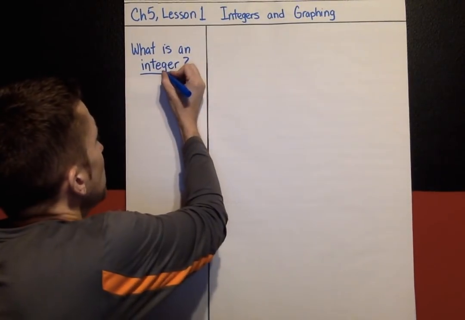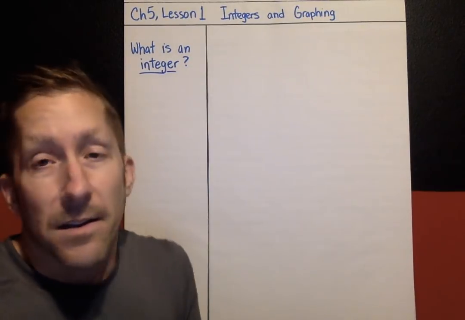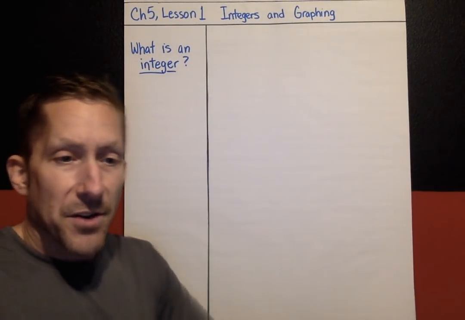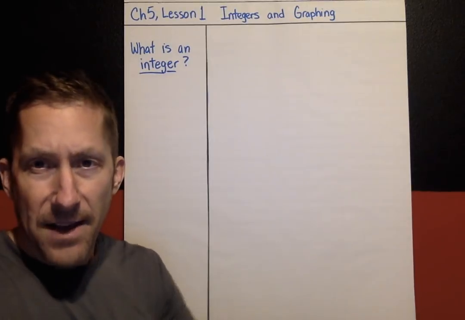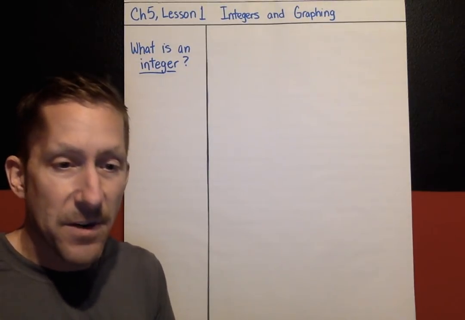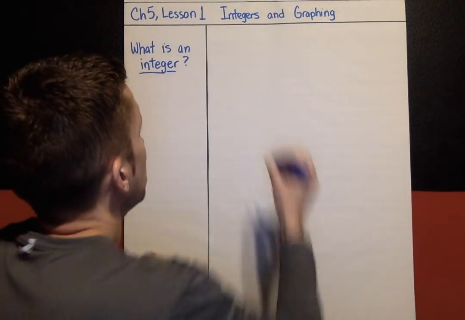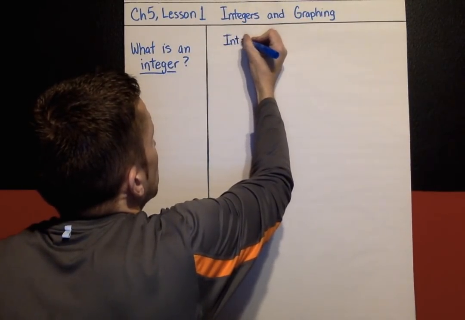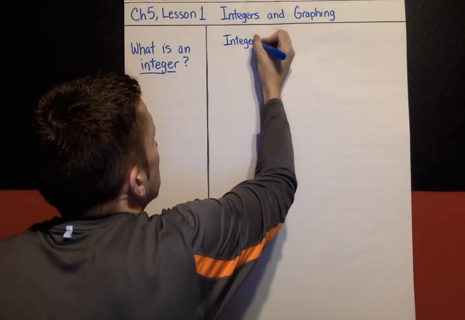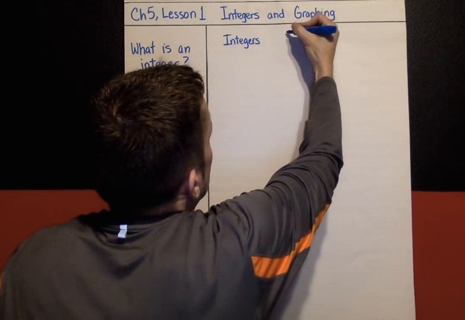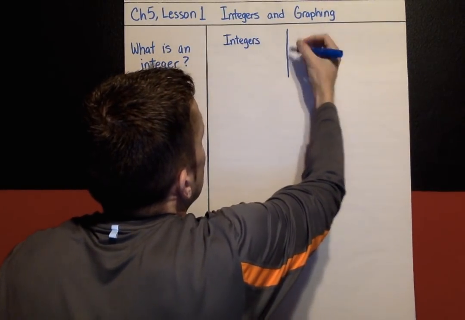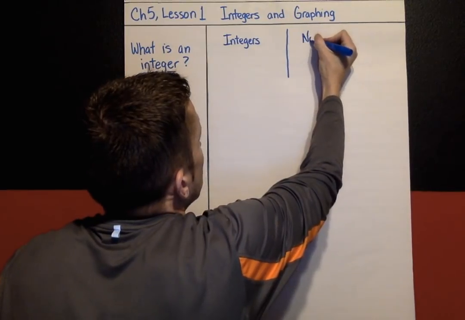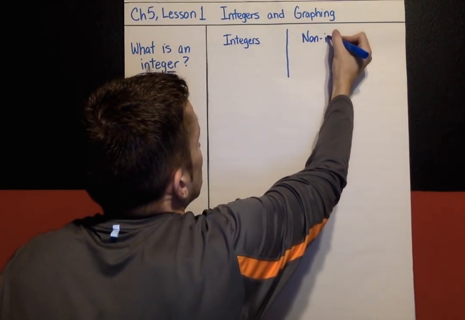To explain what an integer is, what I want you to do is write a T-chart. And on this side, I want you to write integers. And on this other side, I want you to write non-integers.